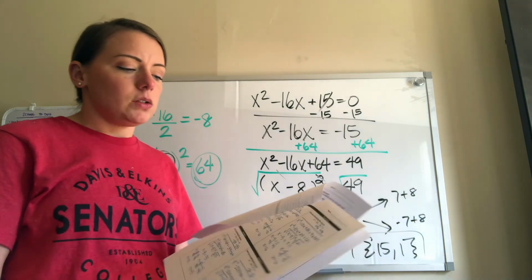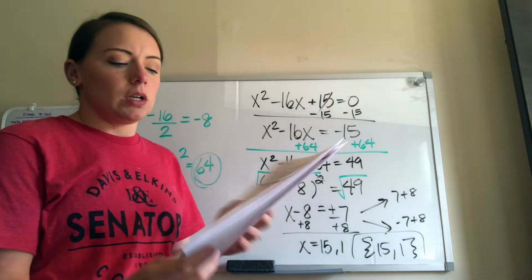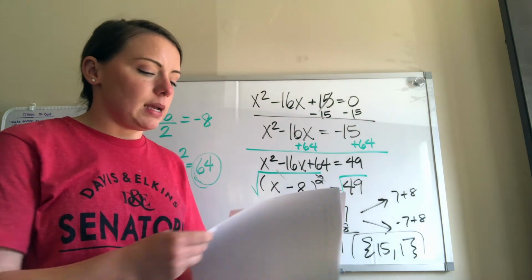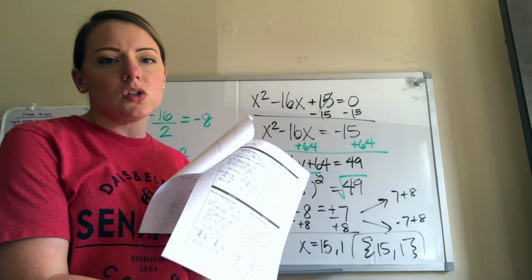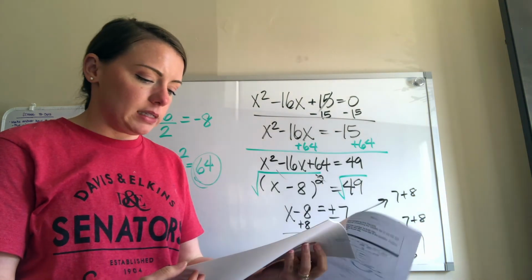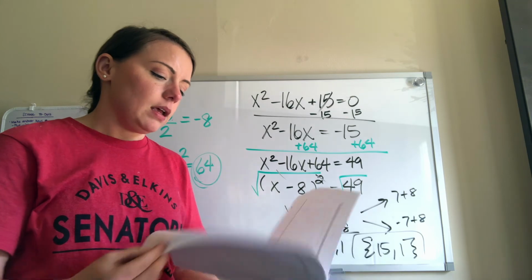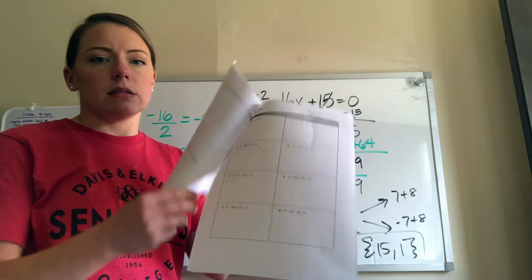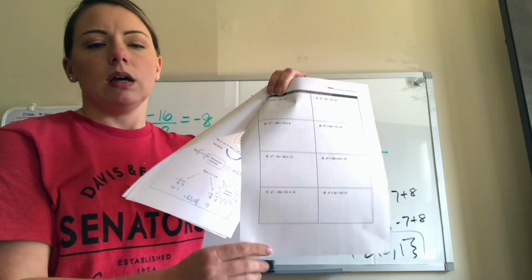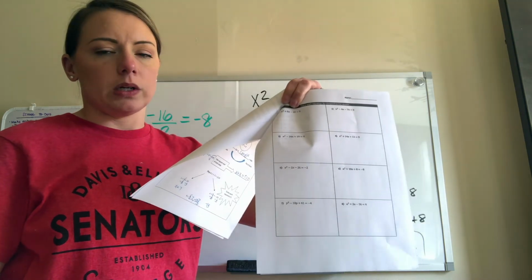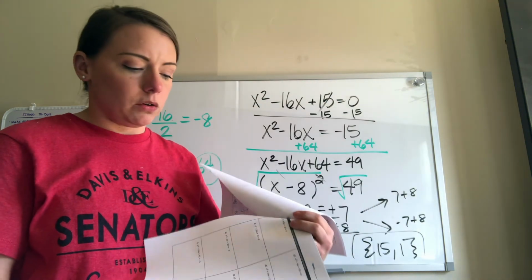Alright, so this first page is your first set of notes going step by step. Your second page is just another sheet of different examples. And then this page, these are practice problems for you so that you feel confident in what you're doing.